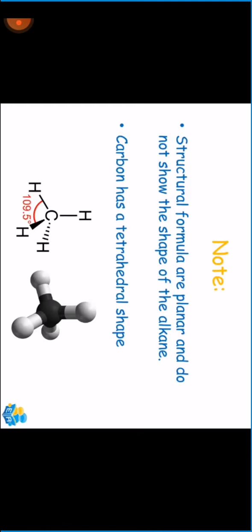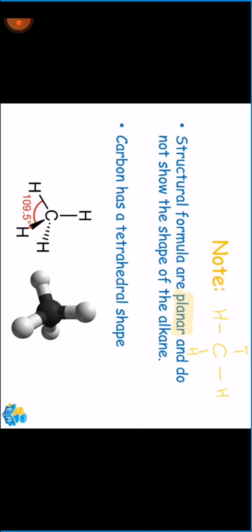As you'll see on the previous slide that we've done, the structural formulae are planar and do not show the shape of the alkanes. So when I say planar, they're drawn like this with just single line bonds coming out of them. But that's not the true shape of an alkane. An alkane that is carbon has a tetrahedral shape like this.